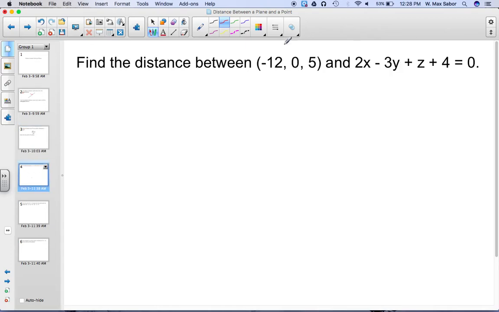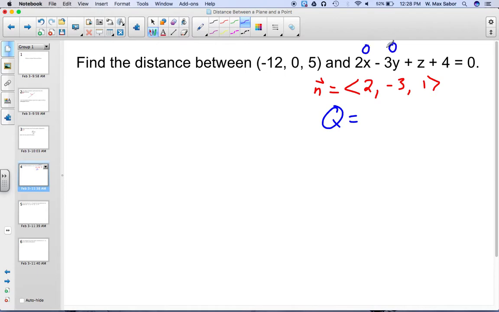So let's find the distance between these two. Well, first of all, let's find a normal vector. A normal vector would be 2, -3, 1. We also want a point Q, and that point, we can pick anything. What I'm going to do is substitute in 0 and 0 here.